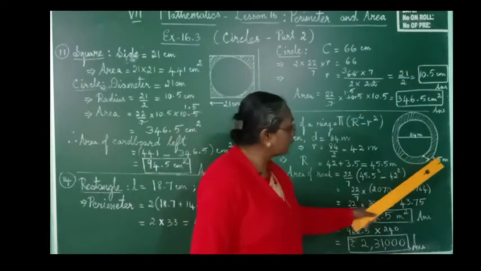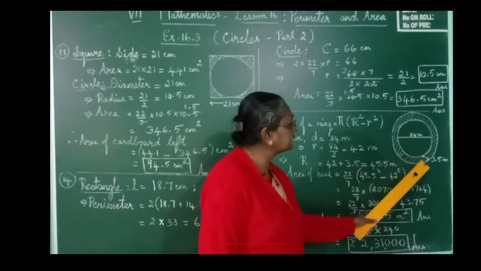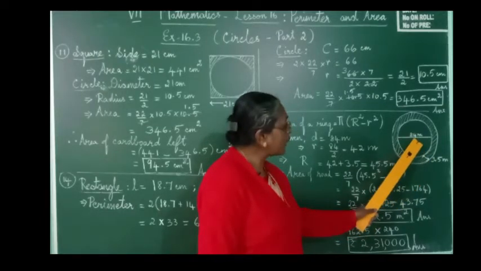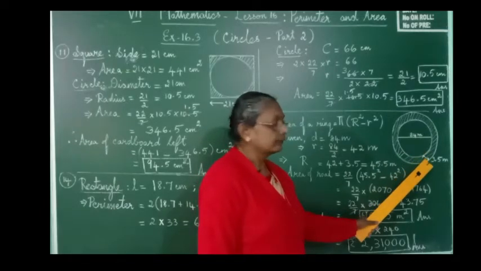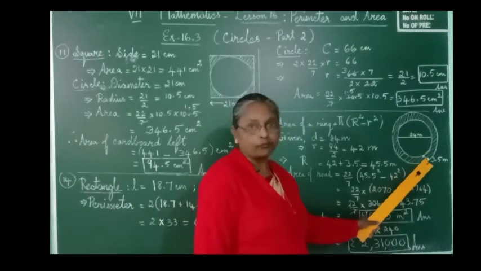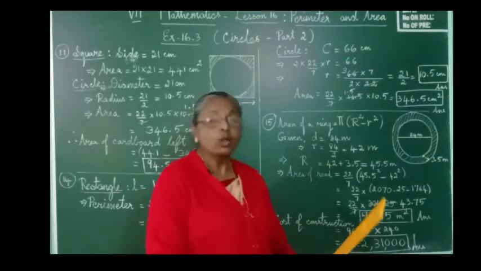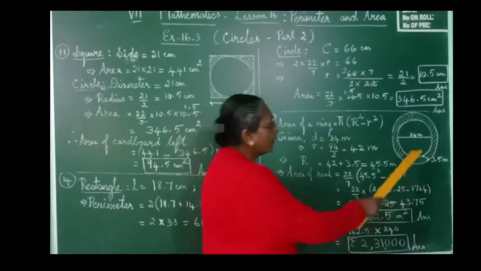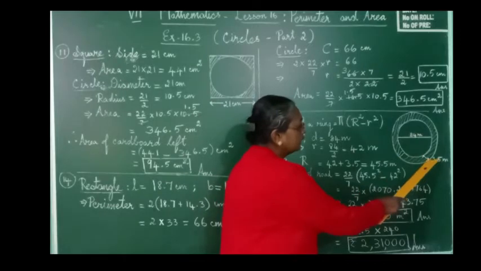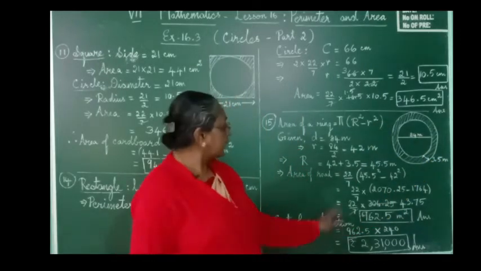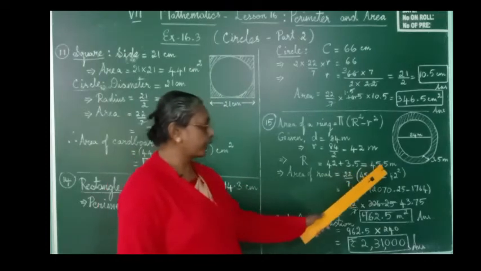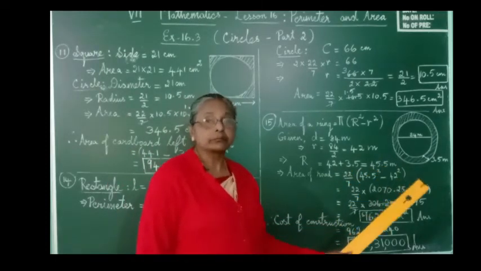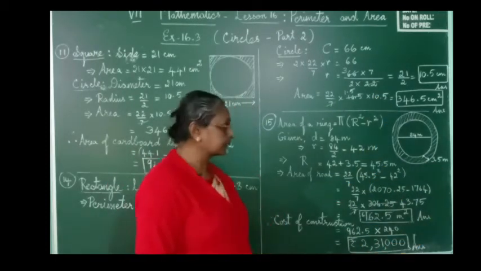If we include the road also, what will be the radius from the center to the outer circle? We need to add the radius of the inner circle with 3.5. Both have to be added. Only then we will get the full radius from the center to the outer circle. That will be 42 plus 3.5, which is 45.5 meters. That is the outer radius.